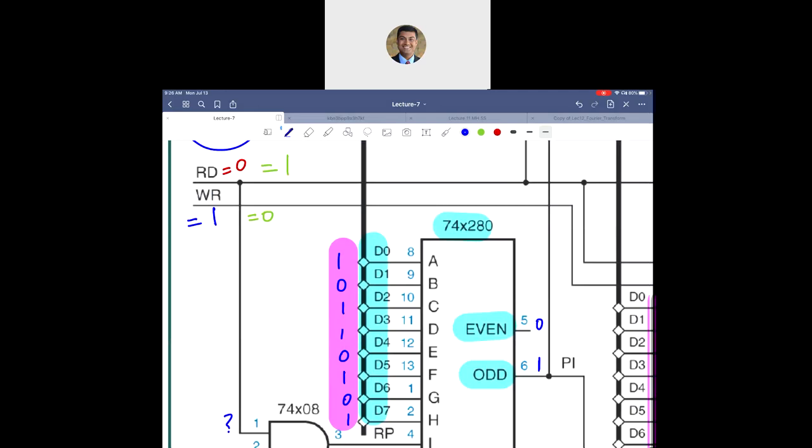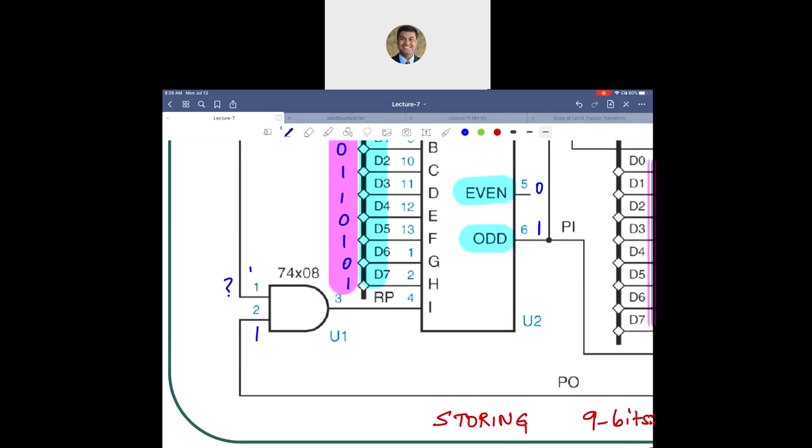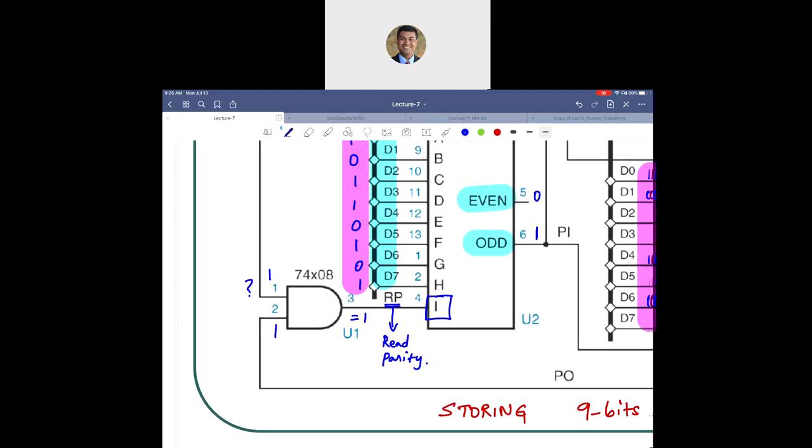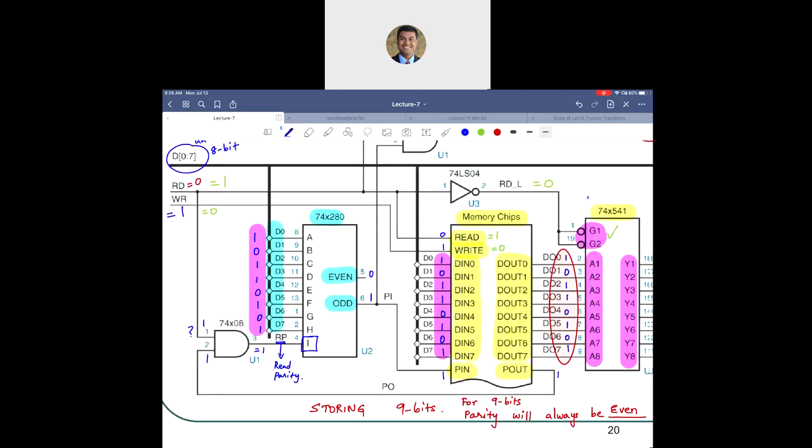This is coming from the read signal. So this is also 1. That means this is 1. This is the read parity. With the read parity, what will it generate?